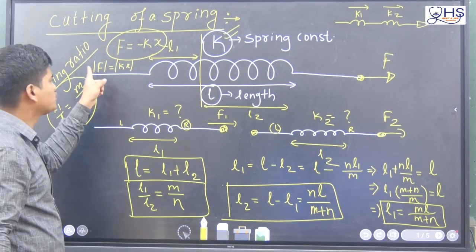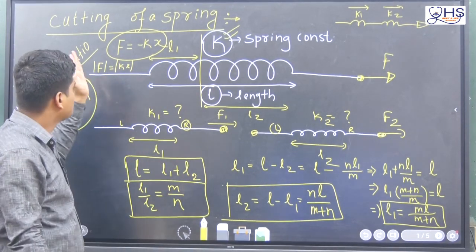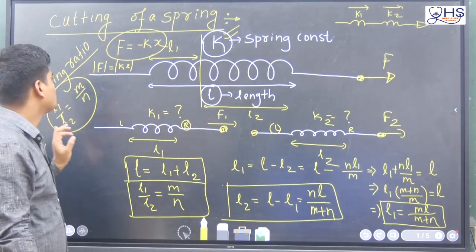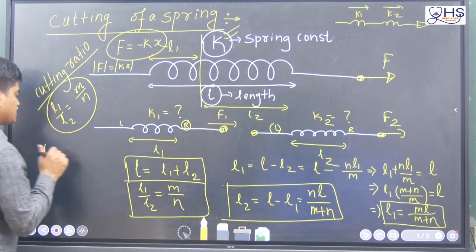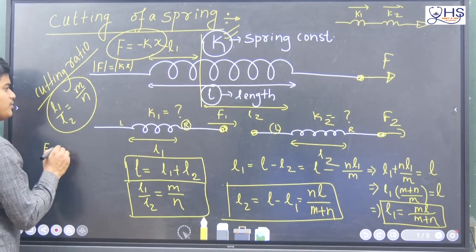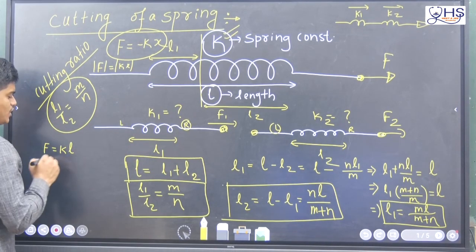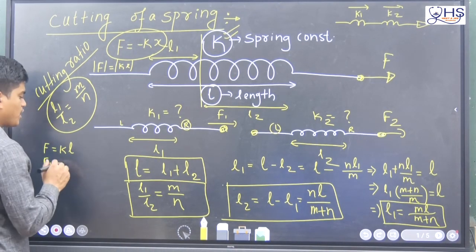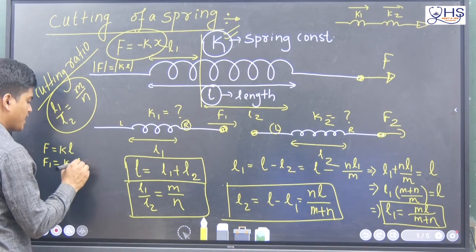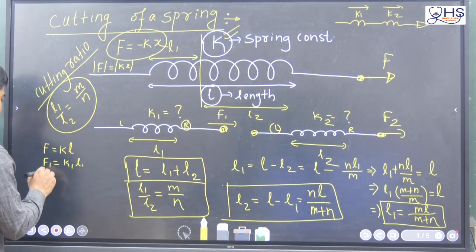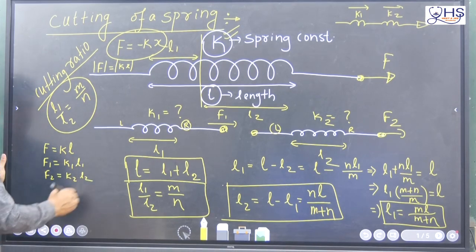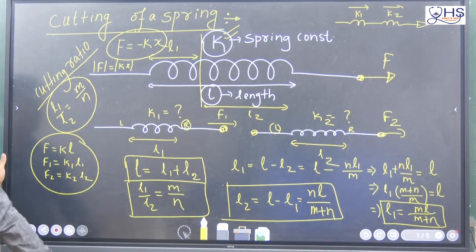So the force is basically the restoring force, spring constant times length. For this spring, F will be K times L, and this F equals F1, which is K1 times L1, and F2, which is K2 times L2, and all of these are equal.